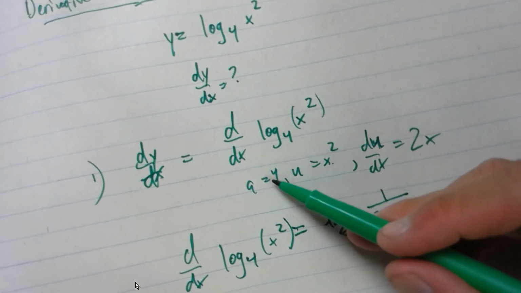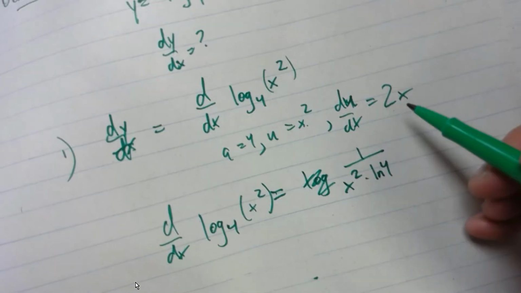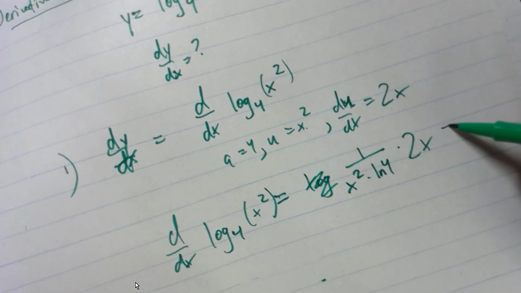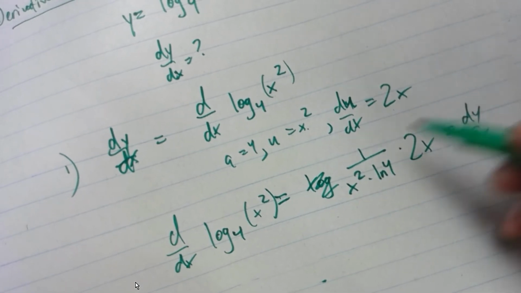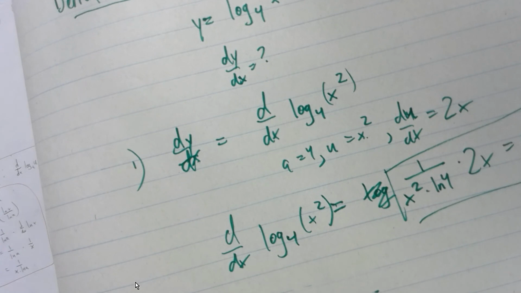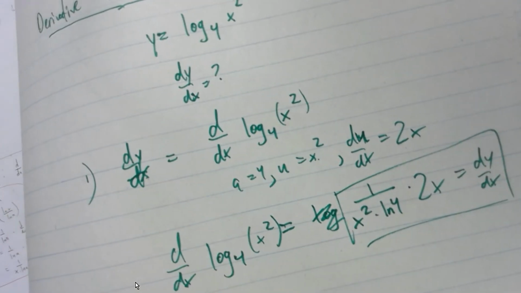A is 4. That's it. And then times du over dx. Du over dx is 2x. That's it. That's all you have to do. And that's going to be equal to dy over dx. Spend a few minutes pausing and looking at the notation there to see what you did. But that's all you had to do, because it's just asking for the derivative formula.